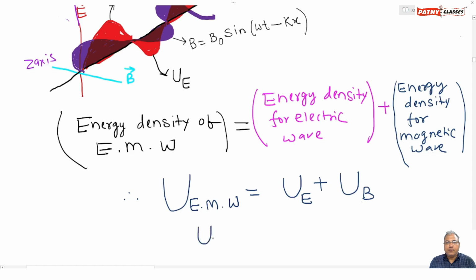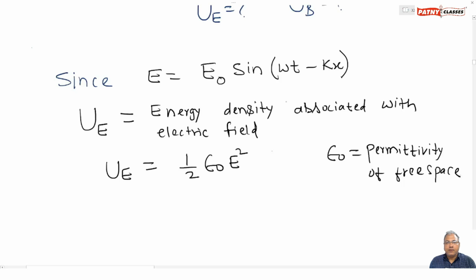Now we need to find what is the value of UE and the energy density for the magnetic field, that is UB. Since E equals E naught sin(omega t minus kx), the energy density associated with the electric field is given by half epsilon naught E square, where epsilon naught is the permittivity of free space.